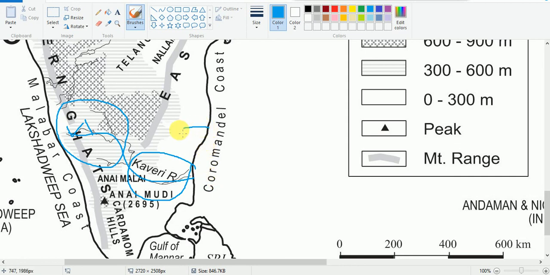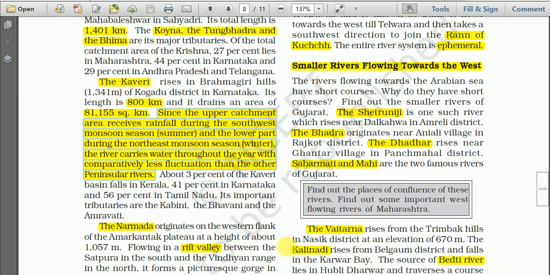We know that the Tamil Nadu coast receives rainfall during the winter season from the northeast monsoon, and the upper course receives rainfall from the southwest monsoon, and hence the river contains water throughout the year. That means this is a perennial river, with less fluctuation in the volume of water flowing in the bed.